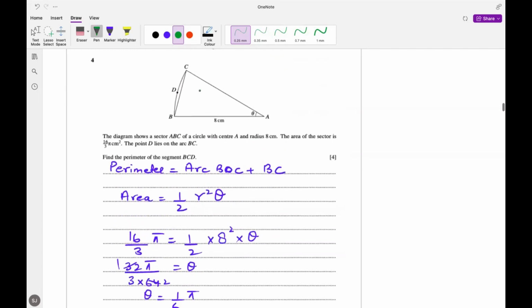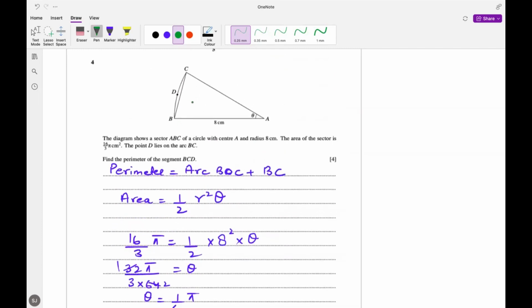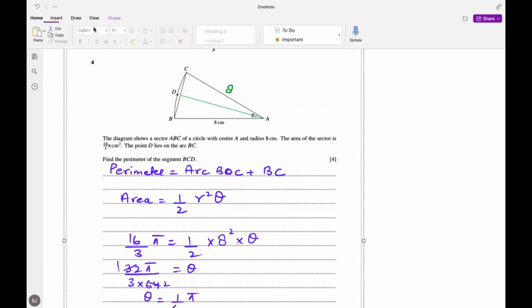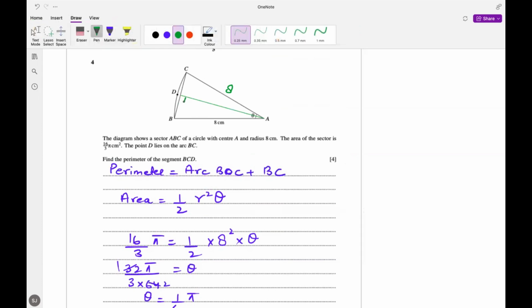To find the length of BC, we can use the cosine rule, as the length of AC is also 8 and we have the value of theta. Or we can divide this into an isosceles triangle, which will become a right angle triangle. If we make a right angle over here, and find half the length from B till this point, let's say this point is X, then this angle will become π/12.